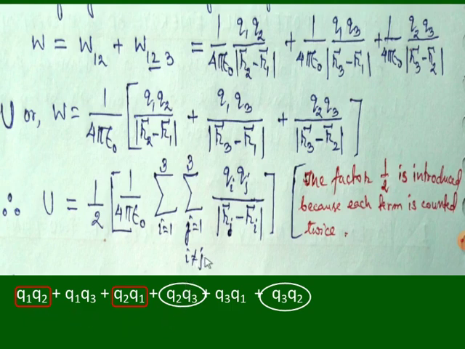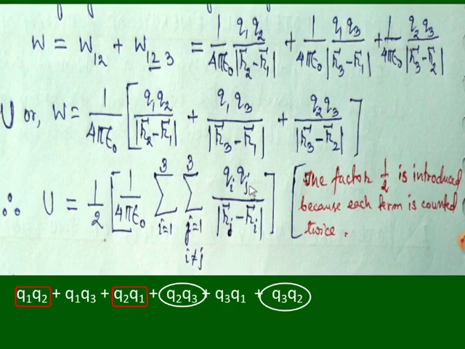i is not equal to j means what? When you take i as 1, you cannot take j as 1. When you take i as 2, j cannot be 2. That means these two should not be the same. That is the meaning of i not equal to j. So if you start from 1, then i is 1, and 1 1 we cannot take, so j will be 2: Q1 Q2, Q1 Q3.